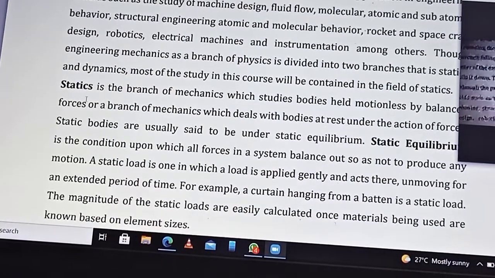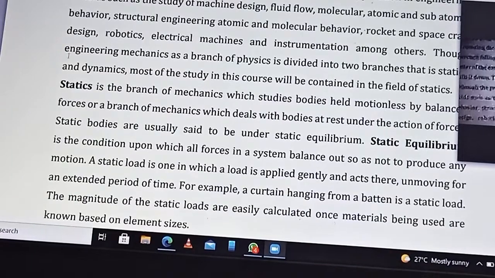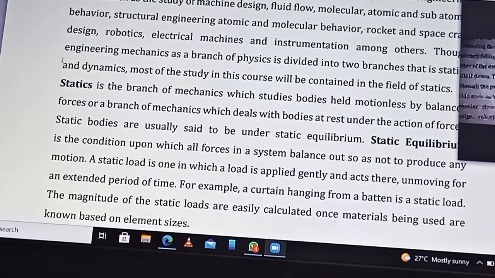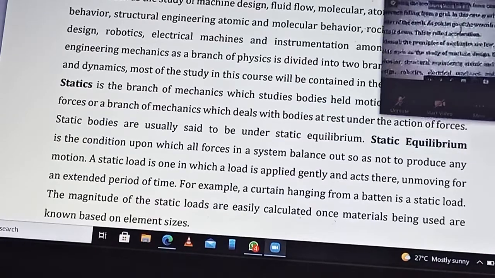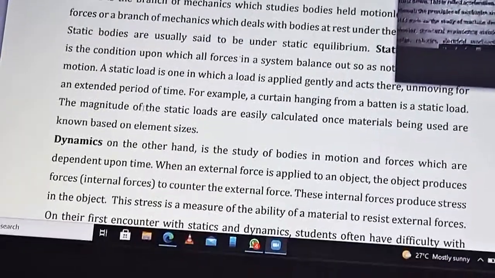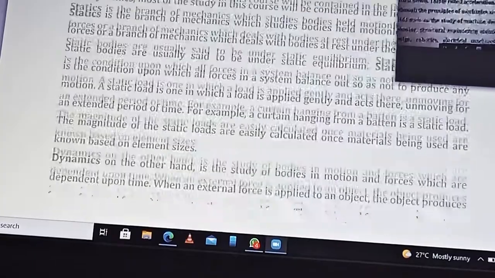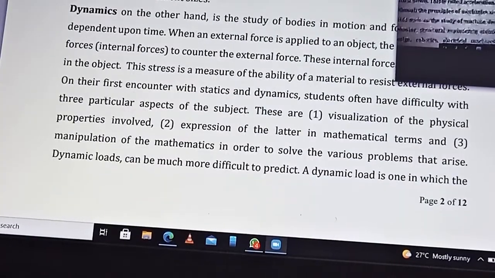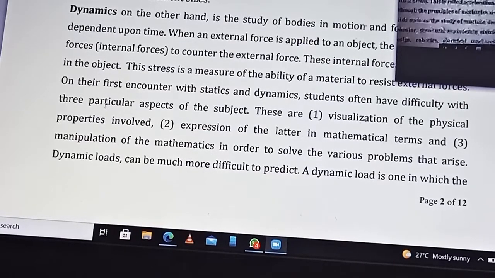In mechanics we are looking at the behavior of a material when subjected to a force. This does not only stop at structural engineering; it cuts across to fluid flow, molecular, atomic, and subatomic behaviors. All these are different categories of engineering. But for us, our interest is mainly driven towards structural design. At this level, our interest is to know how the material behaves when subjected to a force of this magnitude.